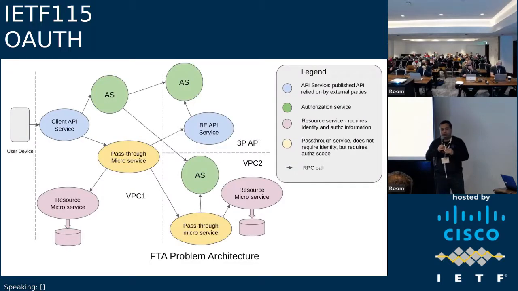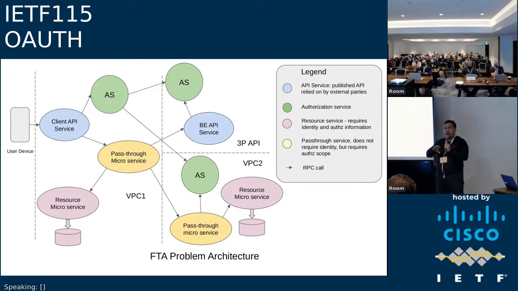So this is in general what we were thinking about as the problem architecture. The idea here is that there are multiple VPCs, as you can see, and the VPCs could belong to the same organization. Like in this case, VPC1 and VPC2 belong to the same organization.